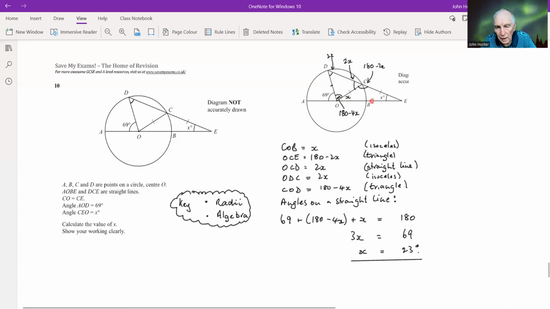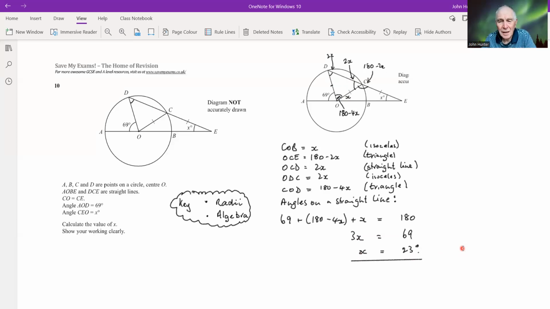So along this straight line then, we've now got 69, 180 minus 4X and X. So we can put that in our equation, because obviously angles in a straight line add to 180. So we've got an equation in X. This is pretty straightforward to solve, giving X equals 23 degrees.